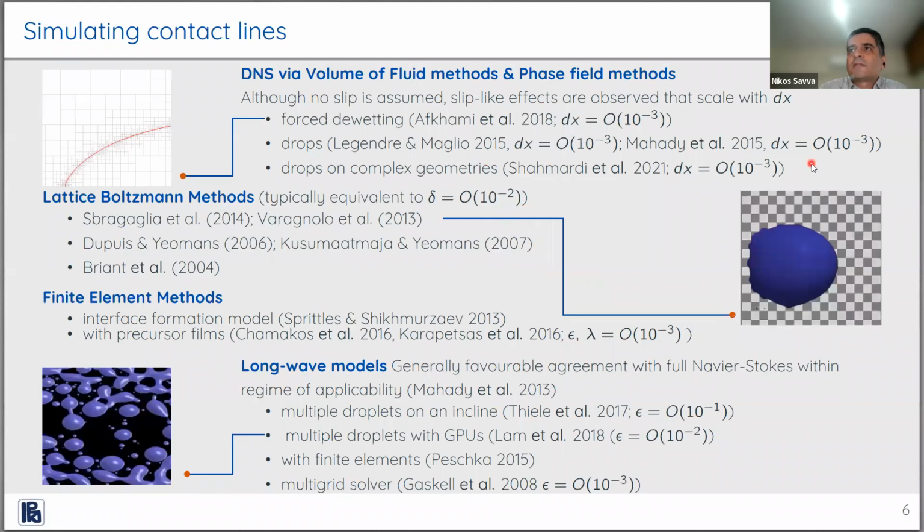And here, numerical simulations typically do not go beyond 10 to the -3. So there is a lot of distance to cover. And we are hoping that through getting some information from MD simulations, we can help bridge this disparity of scales a bit.